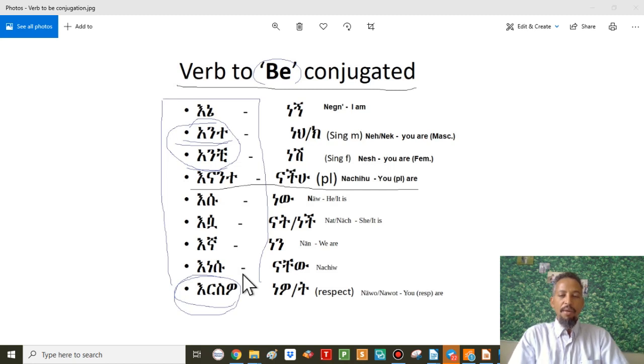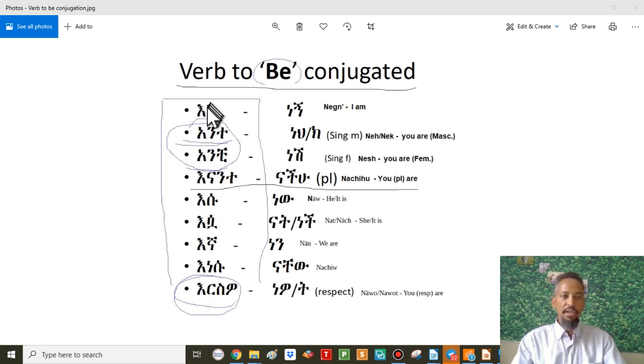Because Amharic is a phonetic language, and you don't have any problem in pronunciation or in spelling, like you have silent letters in English, but we don't have silent letters in Amharic. So every vowel and consonant are combined, blended together, and they create one sound, like ne.